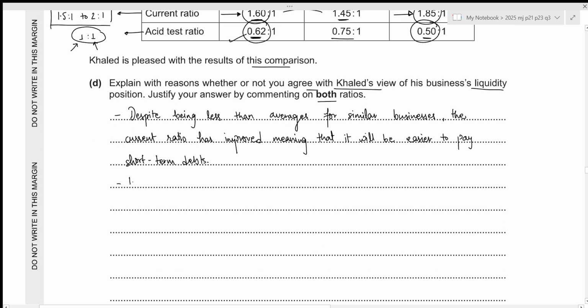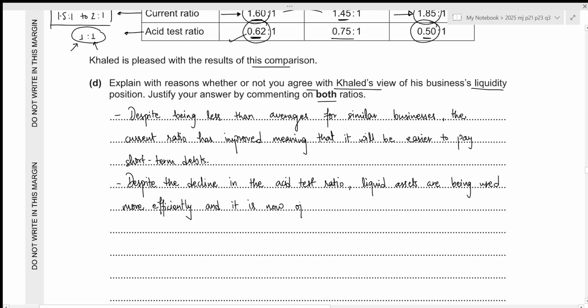So despite the decline in the acid test ratio, liquid assets are being used more efficiently and it is now operating at nearer the average for this type of business.